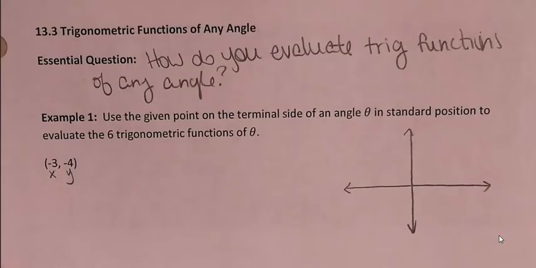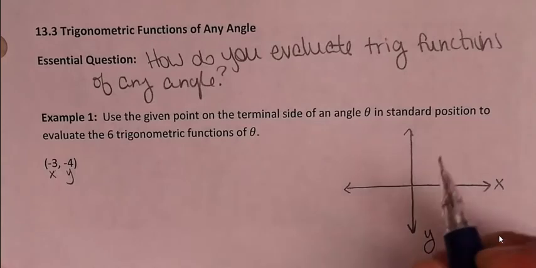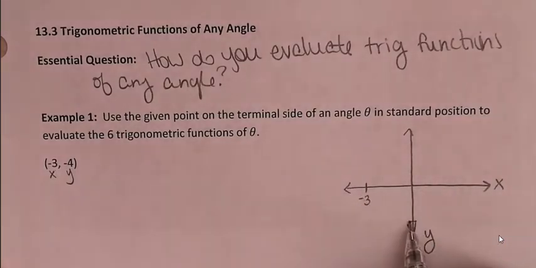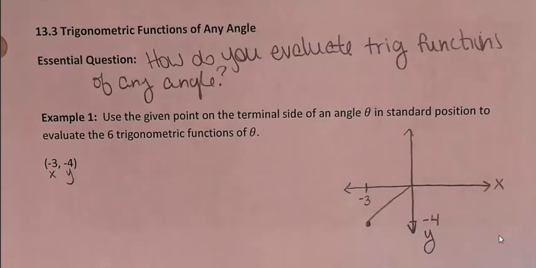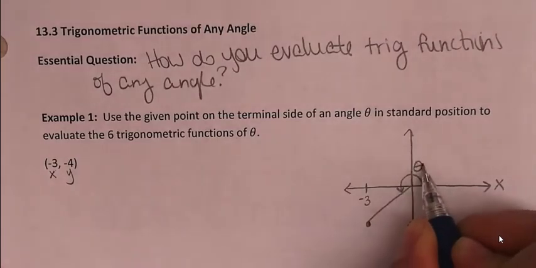Well, where is x negative and where is y negative? So -3 on the x-axis, -4 on the y-axis. So my point is here, which means that when I draw this angle, it's coming from the origin out to that point. So this angle right here is the theta that we're talking about.